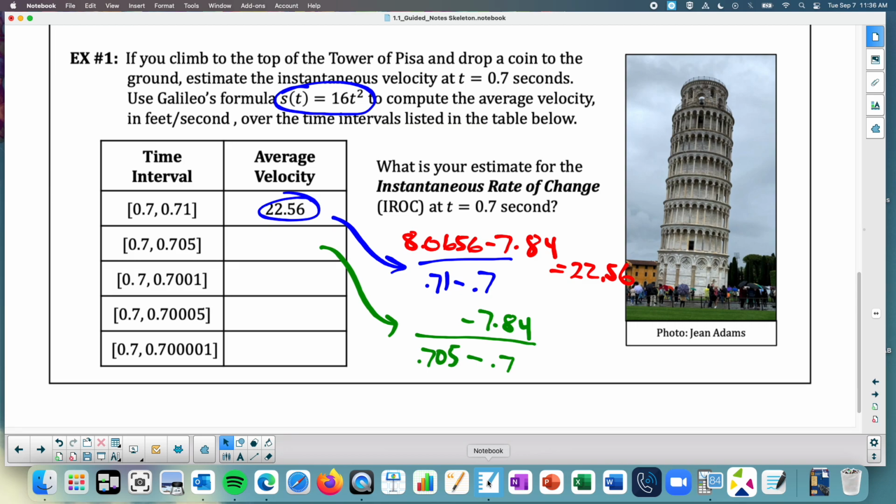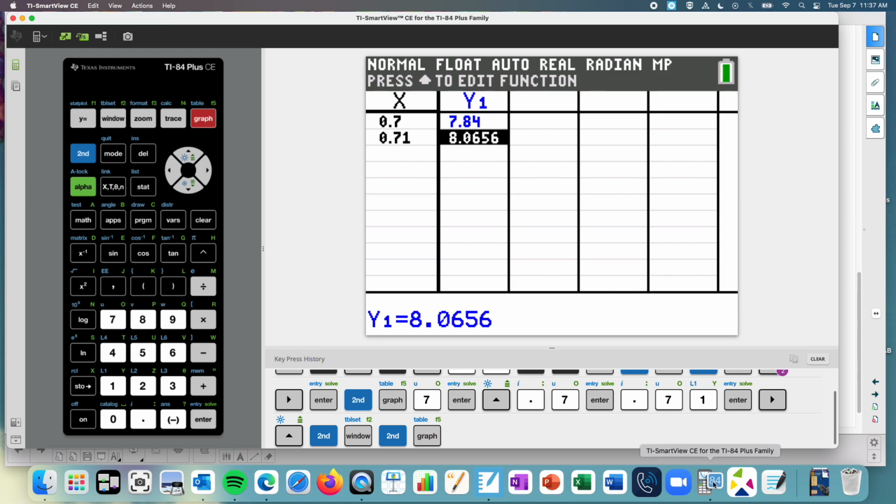Yes? Why are you subtracting them in that order? Because it's written 0.7, comma, 0.705. So shouldn't you be subtracting them in that order? You could, same answer. If they're both in the opposite order, they'd both be negatives, cancel out. I just do it like slope, like y2 minus y1 over x.